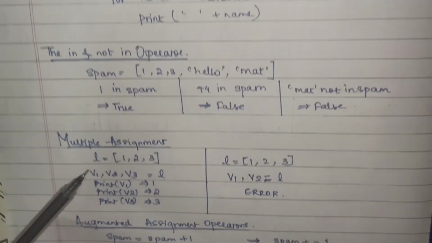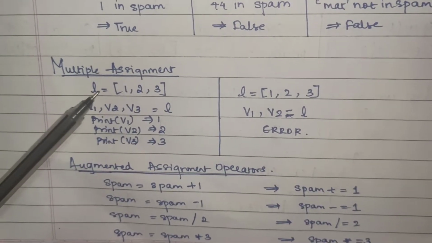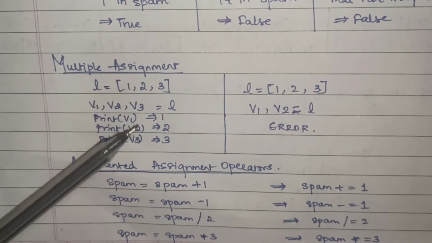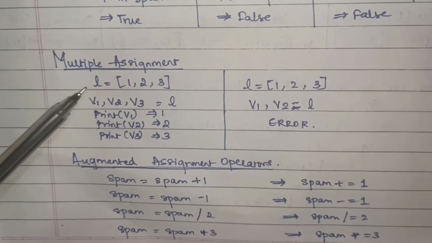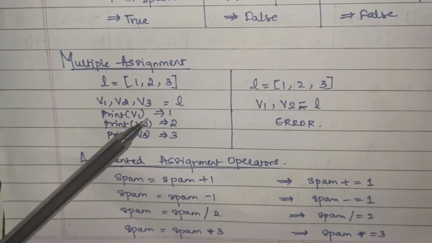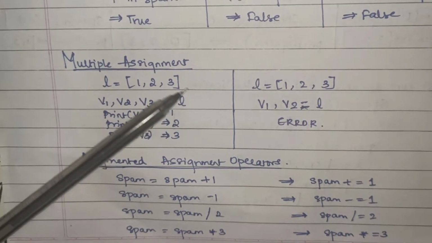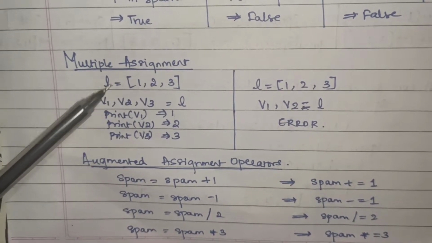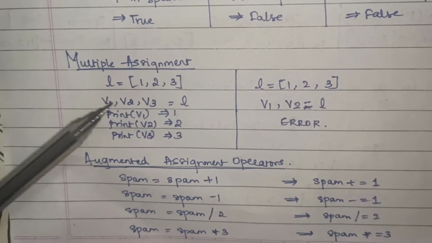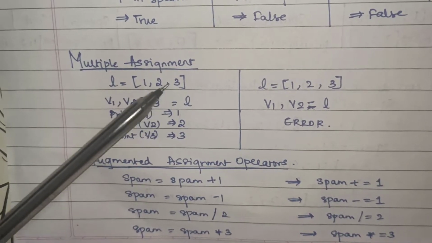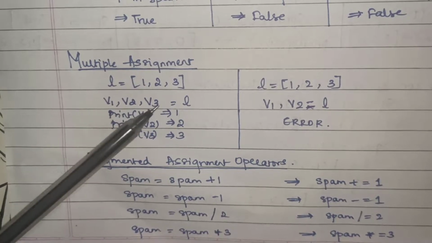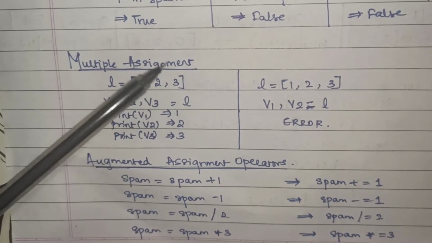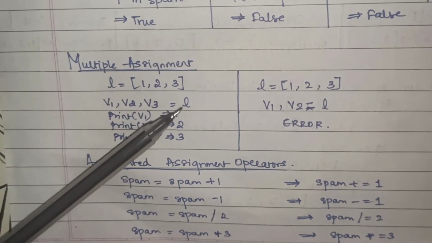Coming to multiple assignment, you have a list which has the elements 1 2 3, and this list has to be assigned to, suppose, variables v1, v2 and v3. So the list is being assigned to these variables. Whatever the number of elements present in the list, an equal number of variables should be here in order to unpack whatever is inside the list.